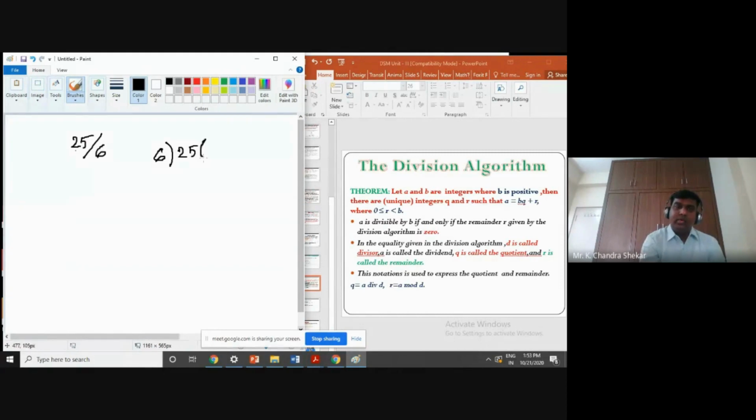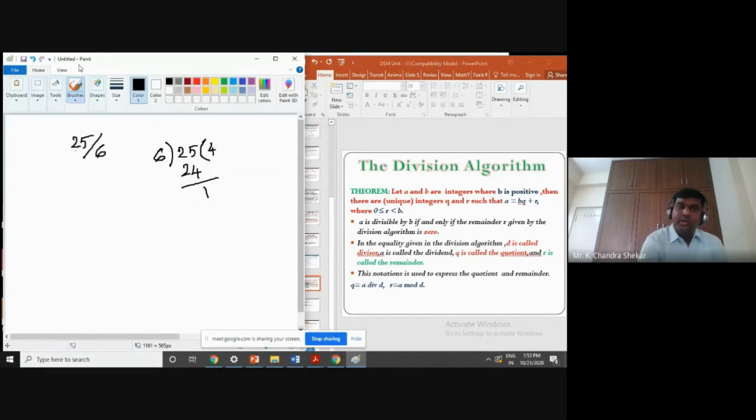How many times does 6 divide? 6 1 is 6, 6 2 is 12, 6 3 is 18, 6 4 is 24. So the remainder is 1.